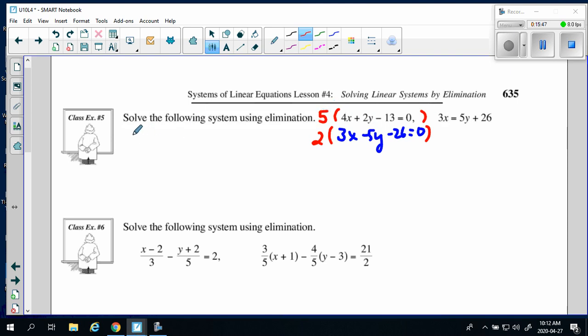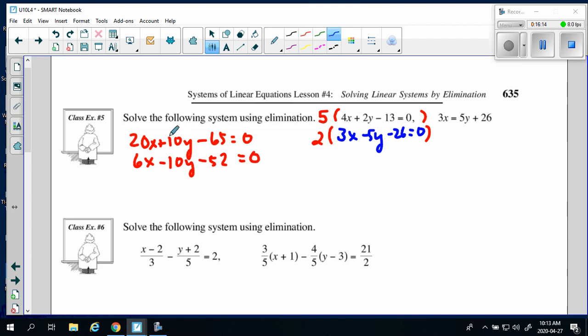So then I'll have 20x plus 10y minus 65 equals 0. And the bottom one will be 6x minus 10y minus 52 is equal to 0.